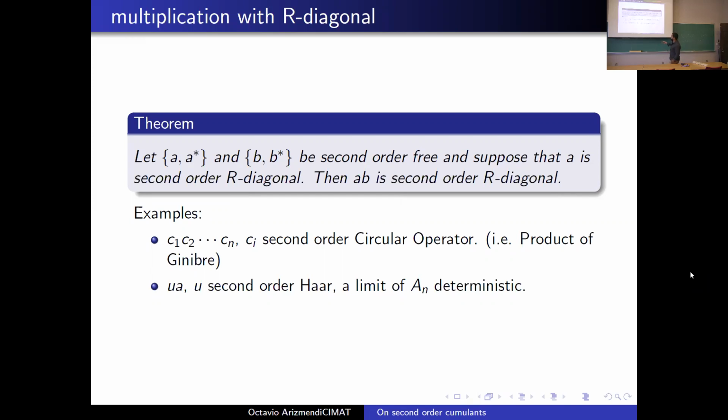And again, if I have a second order Haar unitary, and A is the limit of a deterministic matrix, then the product with a Haar unitary, which is second order free from A, is also an R-diagonal element. So what I'm saying is that examples that we usually treat in the first order level also work in the second order level.